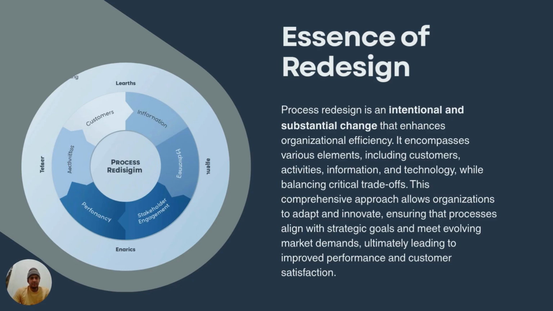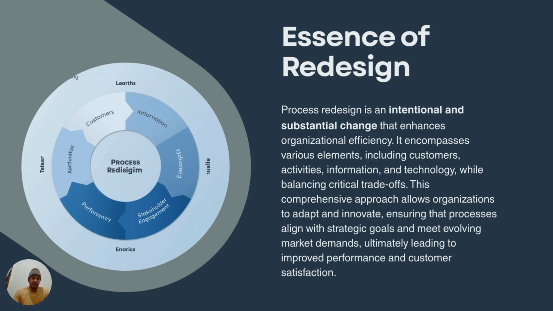Why is it essential? Redesign means changing how work gets done. It involves adjusting activities, their sequences, and the people involved, as well as the information or technology supporting them. According to the book, redesign touches six elements.